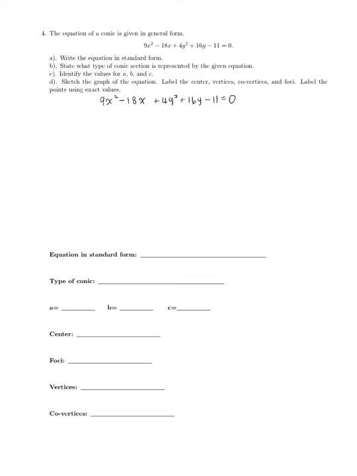So if I want to complete the square on the x, factor out the 9. Then here you're going to have what? x squared minus 2x. Leave a little room now because we're going to be adding in some quantity and subtracting the same quantity. And if you're going to complete the square on the y, factor out the 4. Here you're going to have y squared plus 4y.